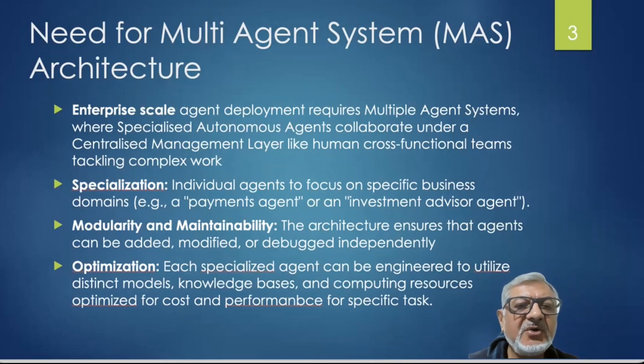Multiple autonomous agents are coordinated by the orchestrator agent or centralized management layer so that these agents can talk to each other, talk to the tools and databases, and produce their specific results. And then the centralized management layer is able to orchestrate the intercommunication between different agents.